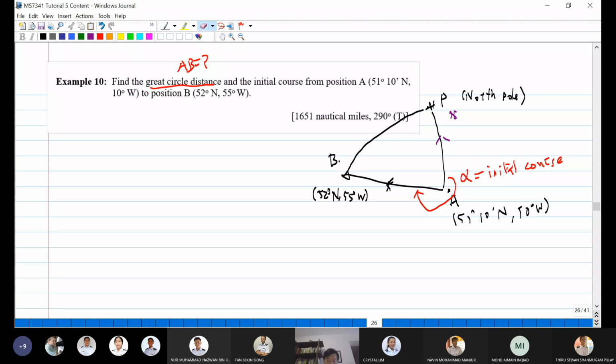Okay, let's see what information we know. I want to find out what PB is first. PB is called the co-latitude of B, right? It's 90 minus the latitude of B, which is 52 degrees there. So you get 38 degrees. So PB is 38 degrees now.